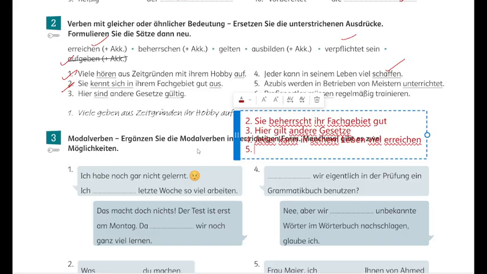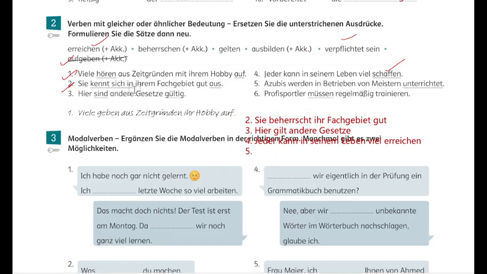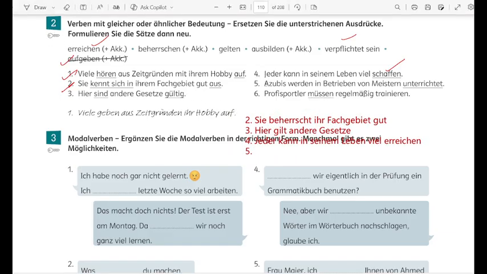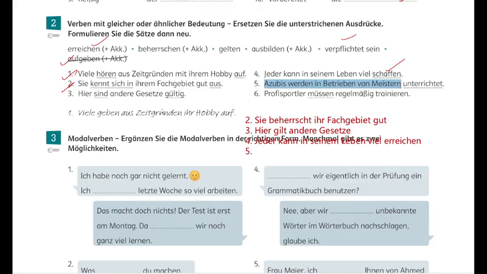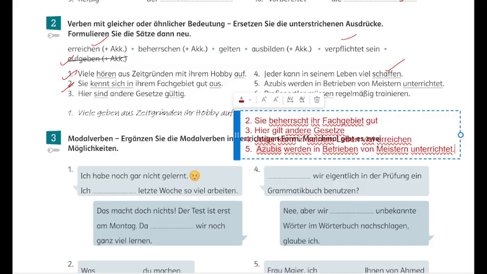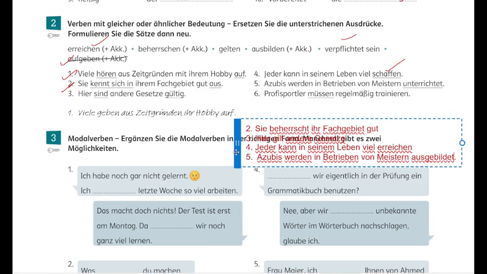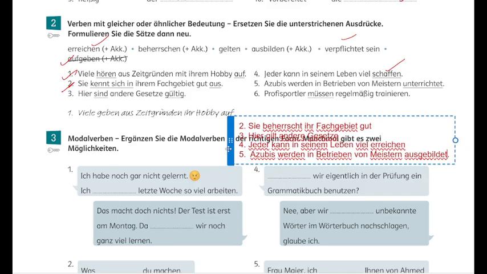Azubis werden in Betrieben von Meistern unterrichtet. Okay, so it would be, see here, unterrichtet, I'm going to just do one thing. I'm going to copy it. Yeah, I can just place it. Unterrichtet, it would be ausgebildet. Profi-Sportler müssen regelmäßig trainieren.